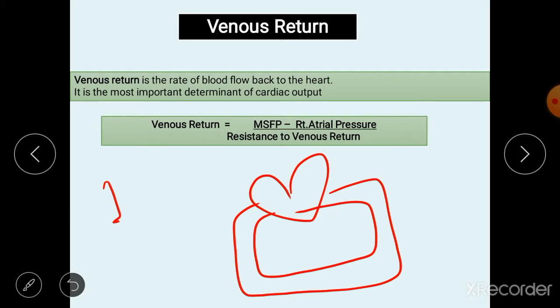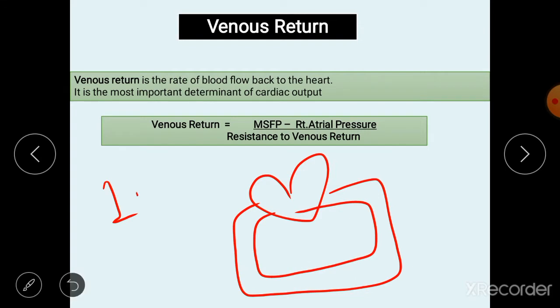One factor is the volume of blood. Of course, if the volume of blood is greater, this pressure which is being exerted on the vessel walls will also be greater. Second factor on which the mean systemic filling pressure depends is the tone of the vessel, the tone of the blood vessel.